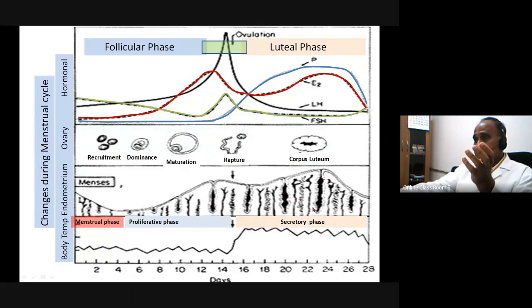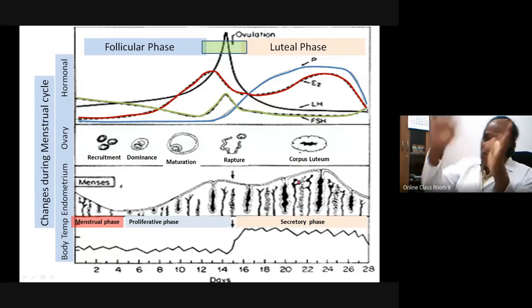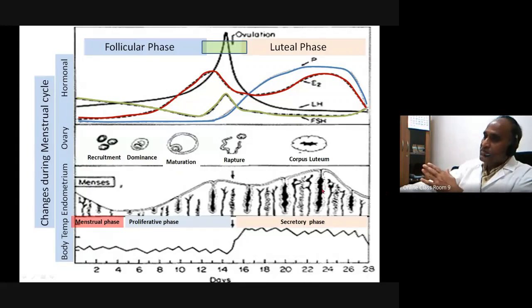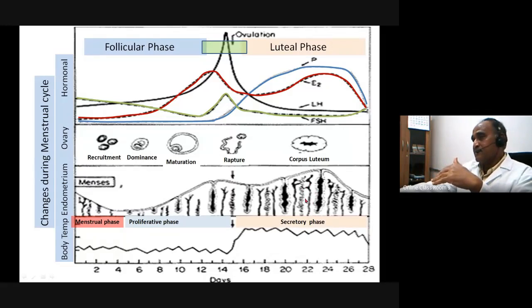The arterial supply is also coiled up. If you take a cross section of the endometrium, you will see corkscrew-shaped endometrial glands, and the arteries are very coiled. You can just see that.